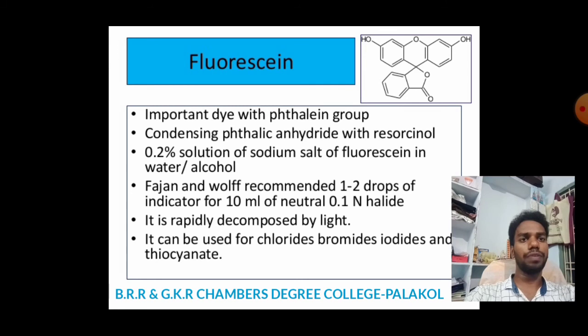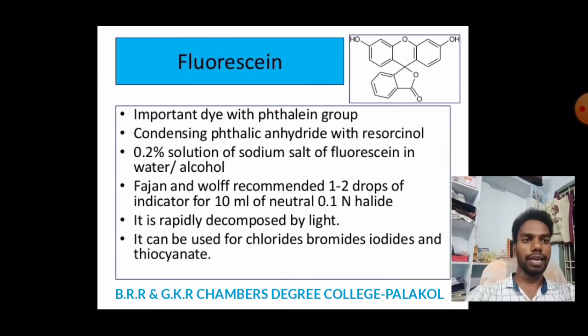Fajans and Wolf recommended 1 or 2 drops of indicator for 10 ml of neutral halide solution, right? It is rapidly decomposed by light. It can be used for chlorides, bromides, iodides and thiocyanate.